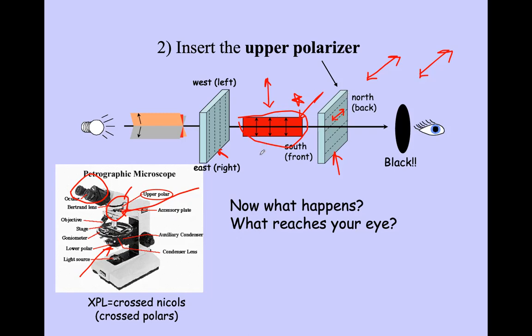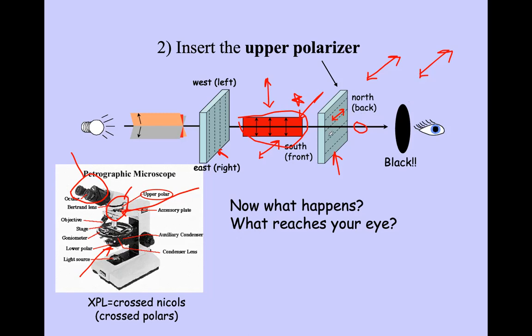If you had some light coming along the north-south vibration direction, it would definitely be allowed through. But at the moment there is no such light, so you will not get any light out of the second polarizer. So from the ocular, the eyepiece, nothing will come out for your eye to see. That means it is total black. There is nothing coming out of the second polarizer, right?